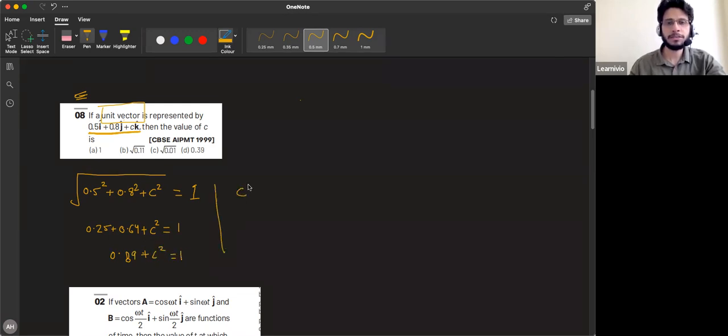Or you can say that c squared is 1 minus 0.89. So what is 1 minus 0.89? That's 0.11. So your c is root 0.11. Good. Is it clear, Priyadarshini, Hamza? Yes, sir. Okay, just note it down.